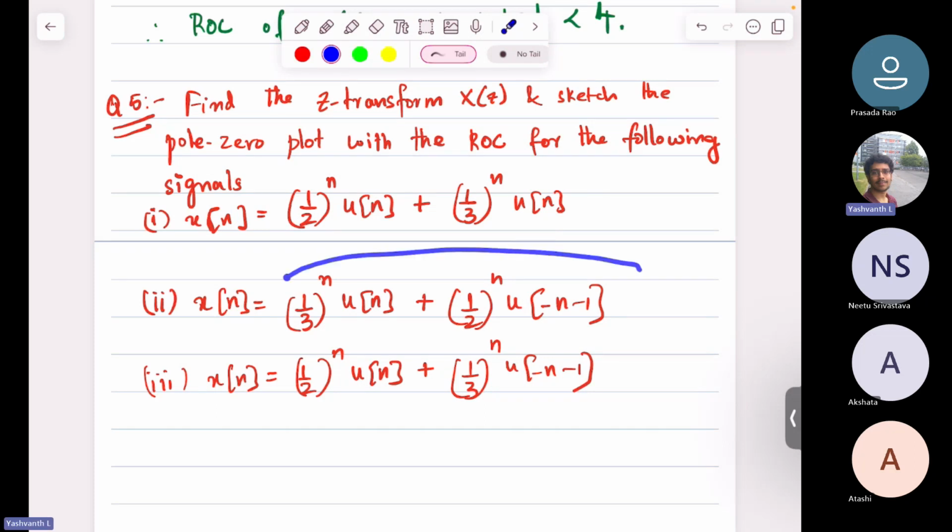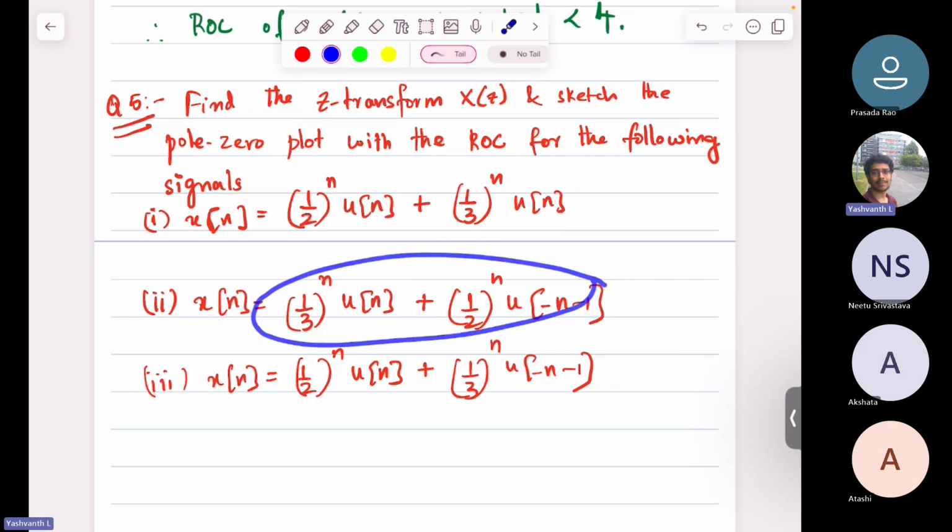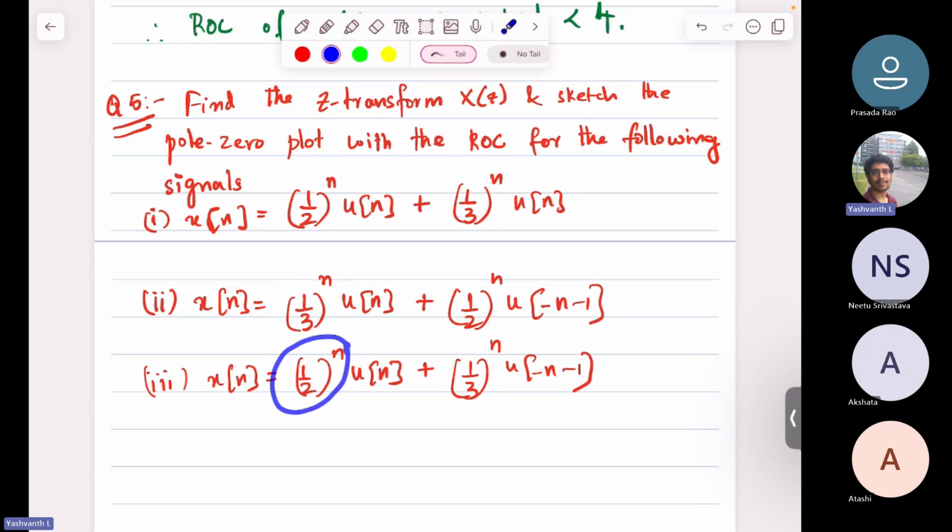Second question is first term is right-sided, but the second term is left-sided. When you add both left and right, it is a two-sided signal. Third question is also a two-sided signal, except that the right-sided signal is now dominated by 1 by 2 instead of 1 by 3, and the left-sided component is now dominated by 1 by 3 instead of 1 by 2. That is the only difference.